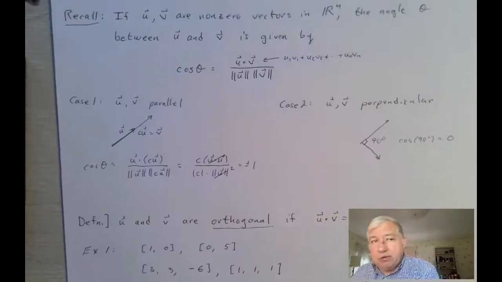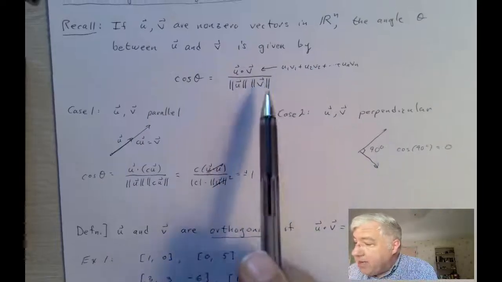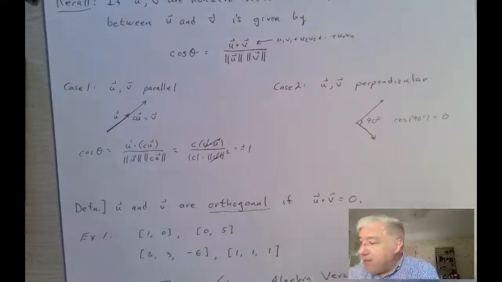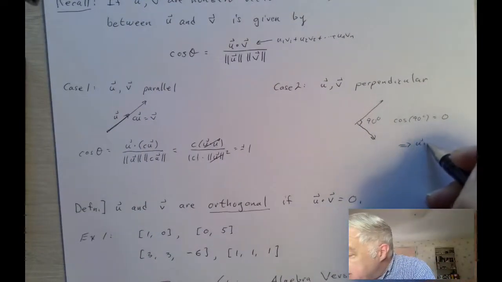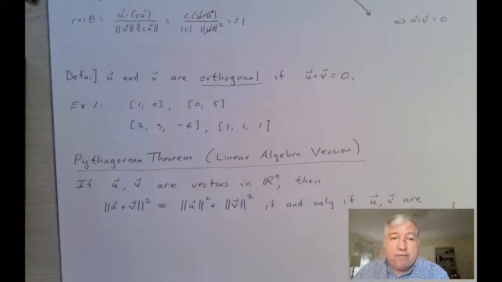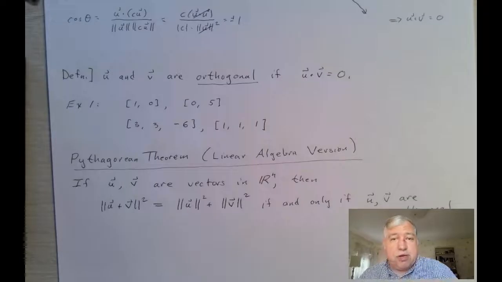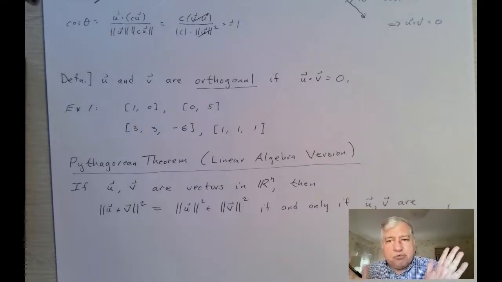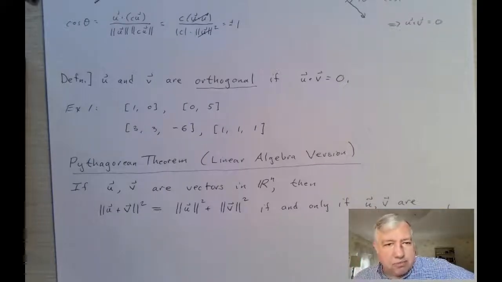So the only way that this can be 0 is if the dot product is 0, which would mean that u dot v would have to be 0. And so we actually give a definition. Instead of using perpendicular, we use a more sophisticated term called orthogonal, and we say that 2 vectors are orthogonal if their dot product is 0. Geometrically, this ultimately means that if you represent the vectors in a plane, they're at right angles to each other, or perpendicular.